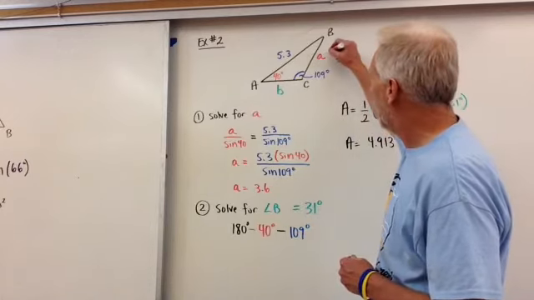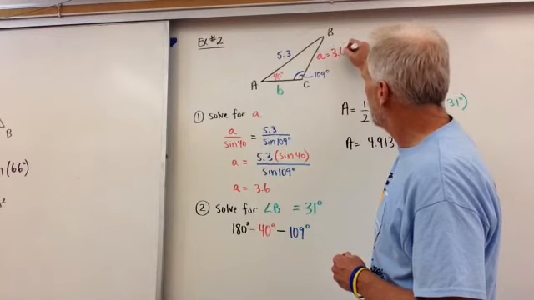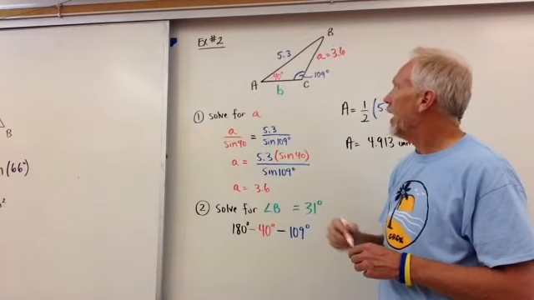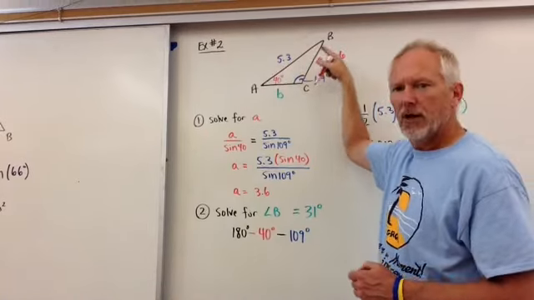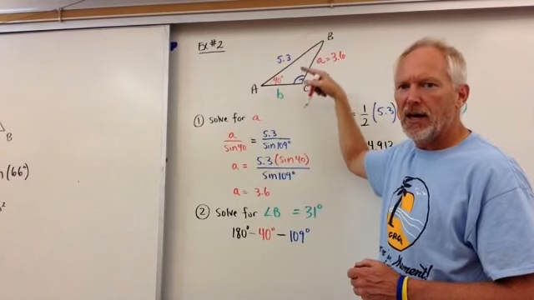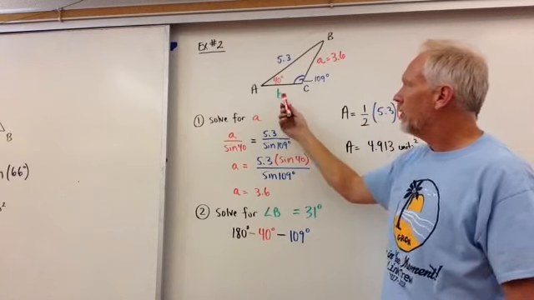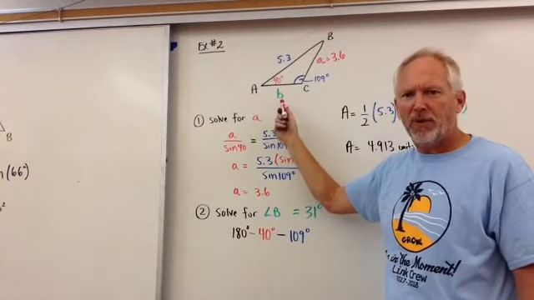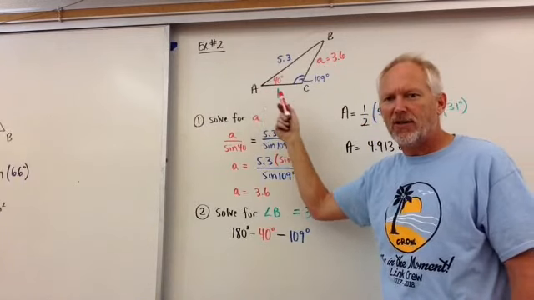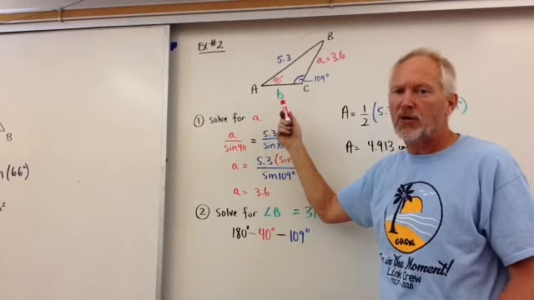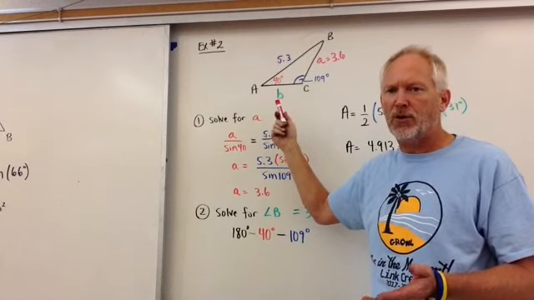So I'm going to go ahead and label that now, 3.6. All right, now we have our two side lengths, and what we've got to do is find that angle measure B. There's no sense really in finding the value of the distance of little b. If I was asked to solve the whole triangle, then I would do that.